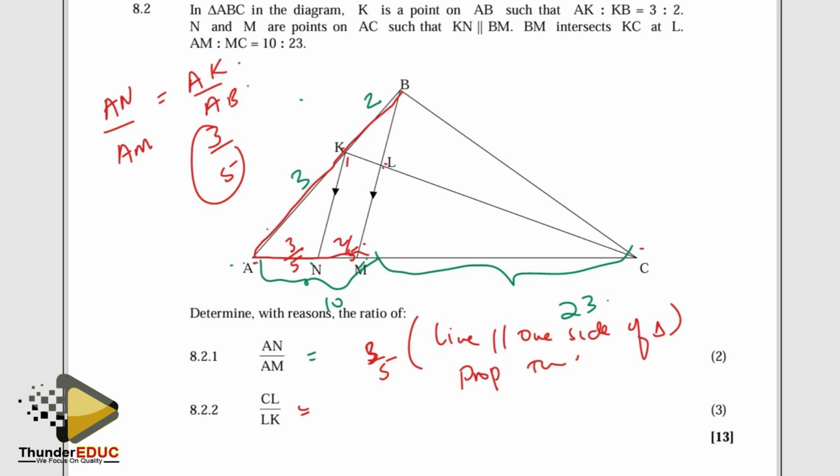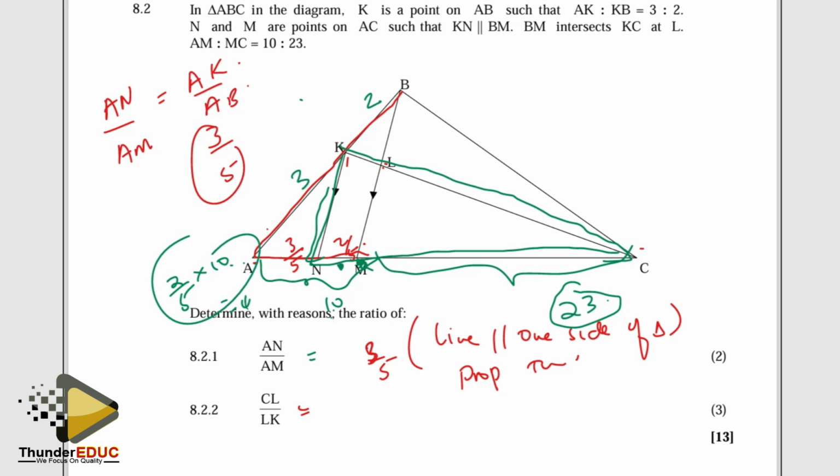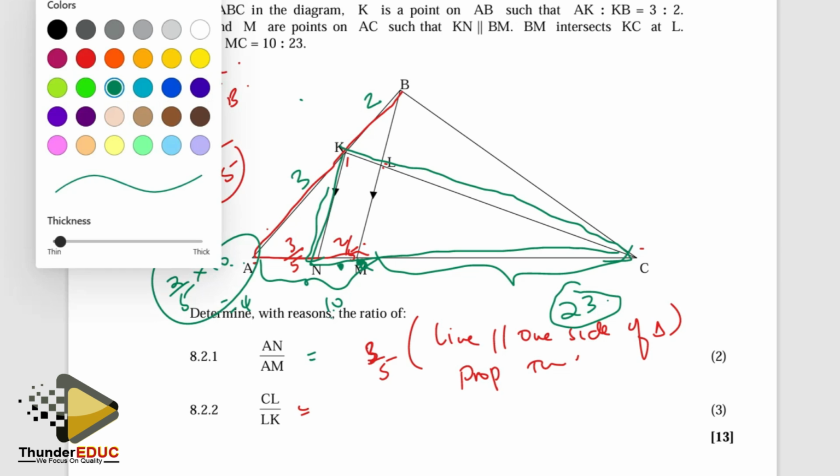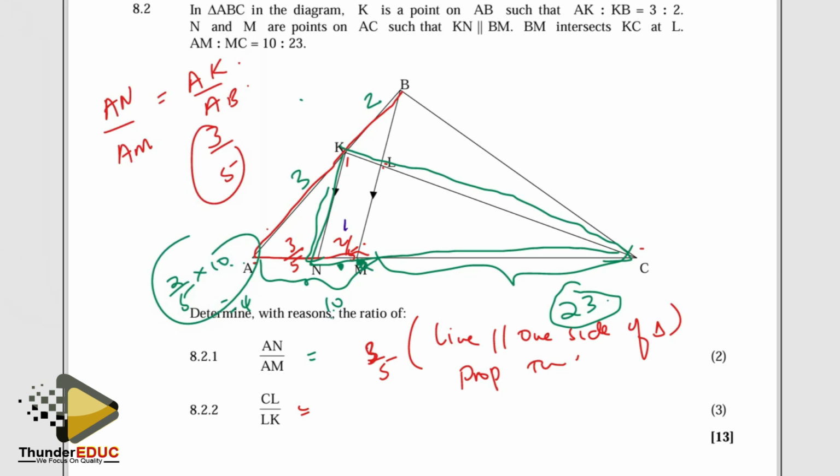If this is a 10 from here to here, because now the triangle that I need to focus on is this triangle here. Because I know that from here up here is a 23. But then what is the distance? What proportion is this of the 10? So 2 over 5 times 10 is going to give me a 4, which simply means that this is going to be 4 units here.